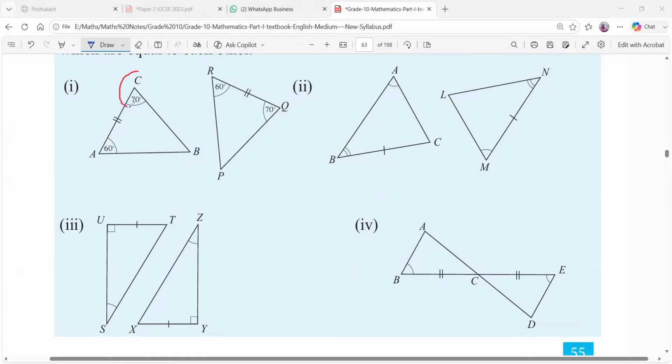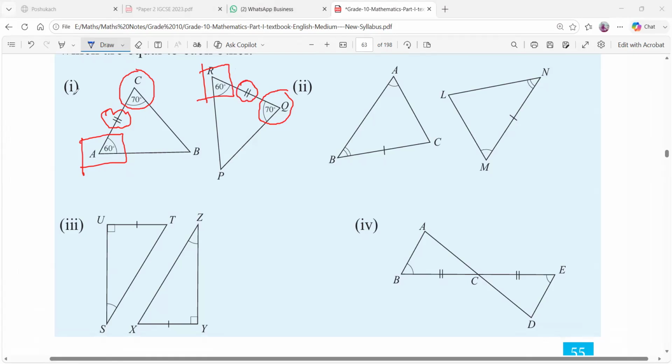Here 70 degrees equals 70 degrees. Okay, first thing. 60 degrees equals 60 degrees. The two angles are okay. No issue with the two angles. And this one, what can you say? One side here, and here also one side, placed between these two angles.